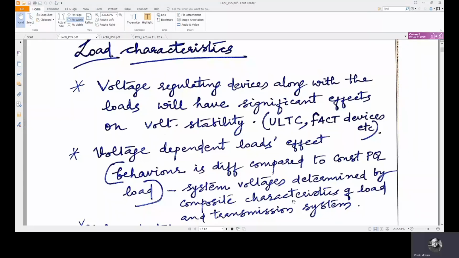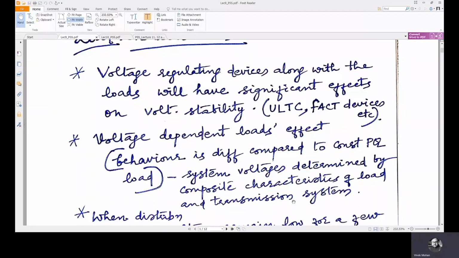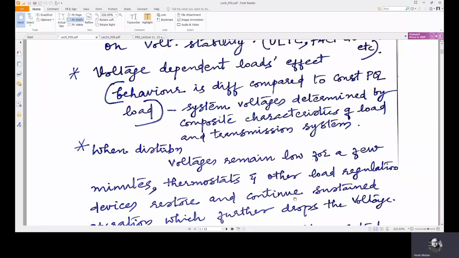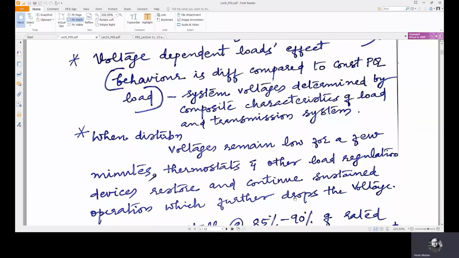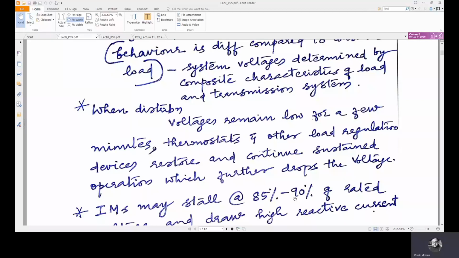Now, the system voltage is determined by the composite characteristics of the load and the transmission system. When distribution voltages remain low for a few minutes, thermostats and other load regulation devices restore and continue their sustained operation, which further drops the voltage. Say we have an air conditioner.